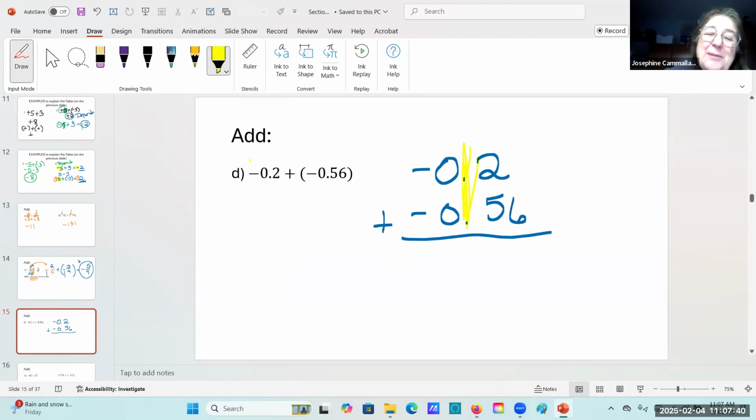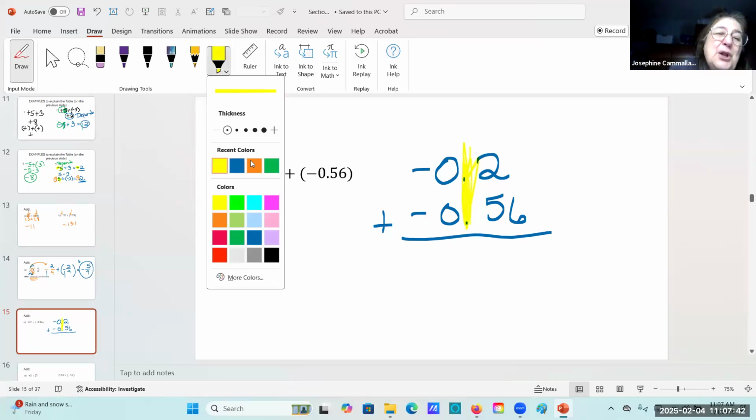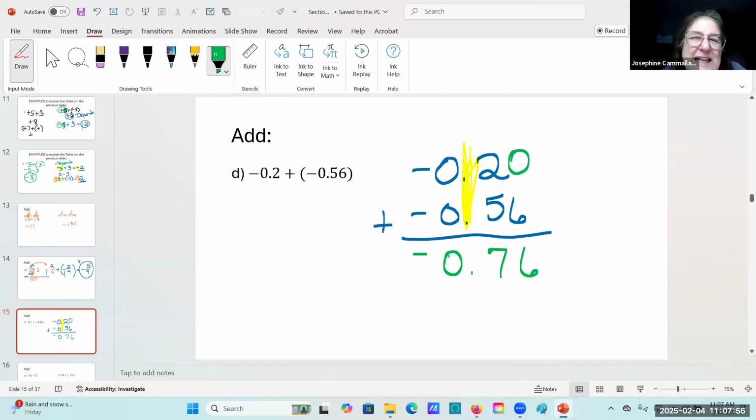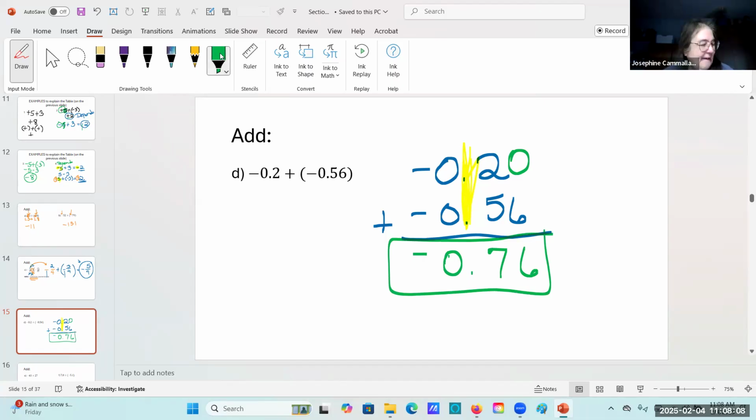Line them up, which means left is negative 0.76, because there's a little zero there. Remember those repeating patterns? Real numbers, behind that 2 is a 0. This is my answer. Okay.